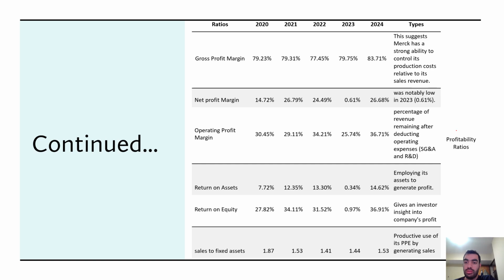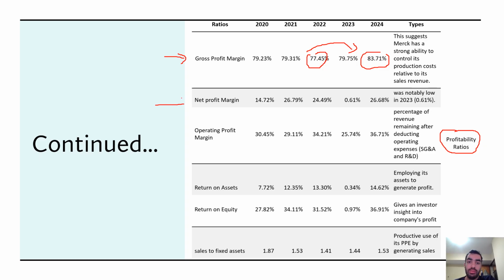So now I'm going to dive into the last part of financial ratios, which is profitability ratios. Gross profit margin is strong, with a slight dip in 2022. As we see, there's a notable decrease in 2024, reflecting improved cost control and pricing strategies.